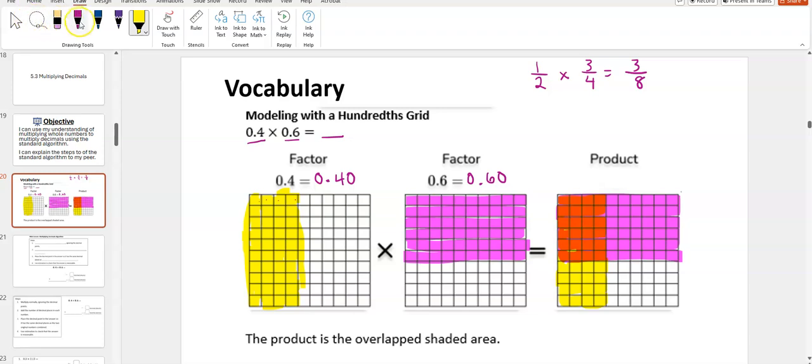There we go. And so you can see that this orangey section right here, that is my answer. That's where it overlaps, and that is my answer.